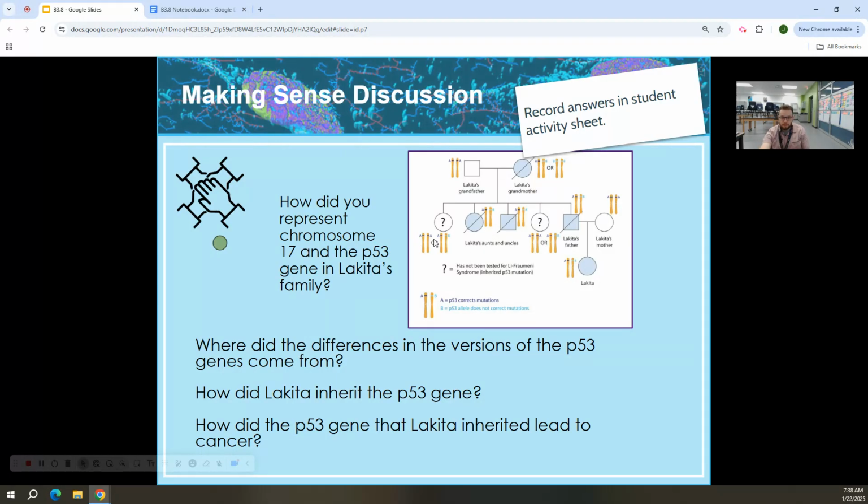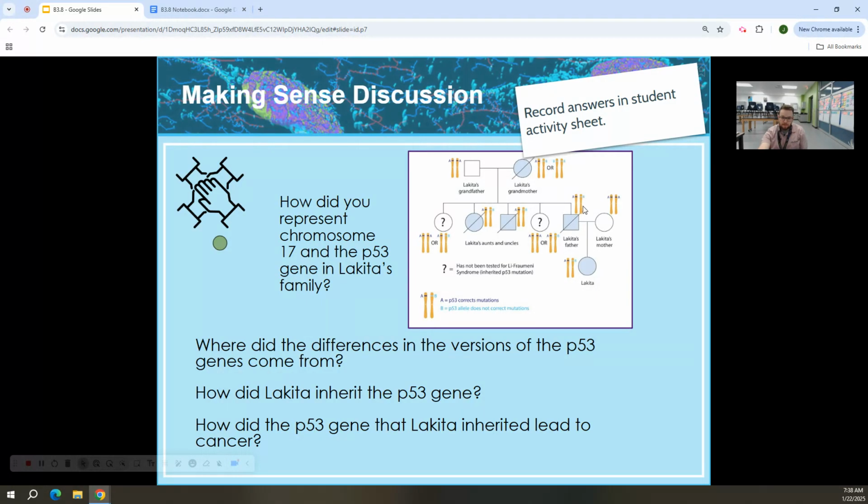They could both have 2 functioning alleles, or they could have 1 functioning allele and 1 non-functional allele. We know that her aunt and uncle that are affected by LFS have to have at least 1 B allele, and so they got the B allele from her grandmother, and then they got the 1 functional allele from their grandfather.